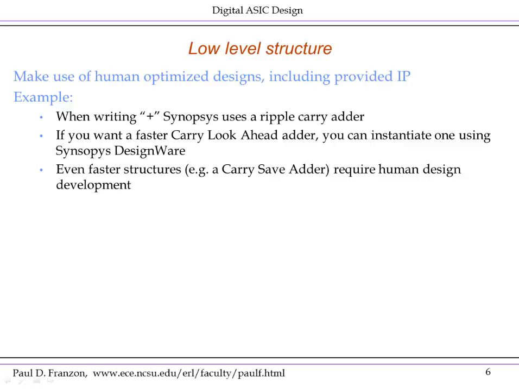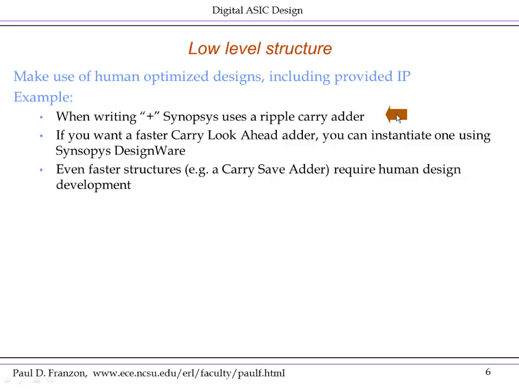Fortunately, you don't have to be an expert in all the different ways to build logic. Quite often you can get these human-optimized designs from IP, or intellectual property, which we've talked about before. Here's a simple example. When you write plus in Synopsys, it actually builds a ripple carry adder, which, as you know, is a relatively slow adder.